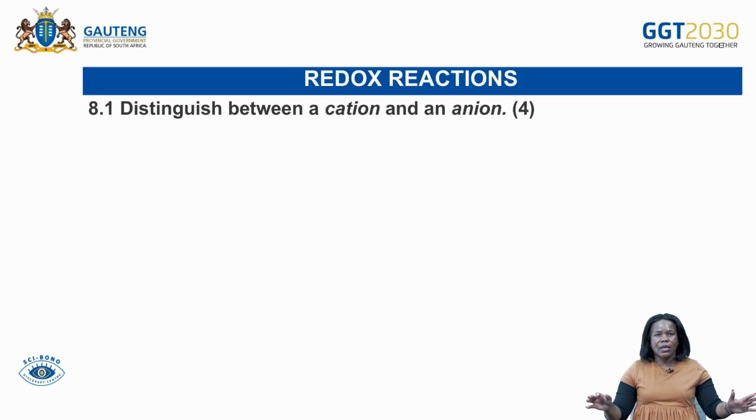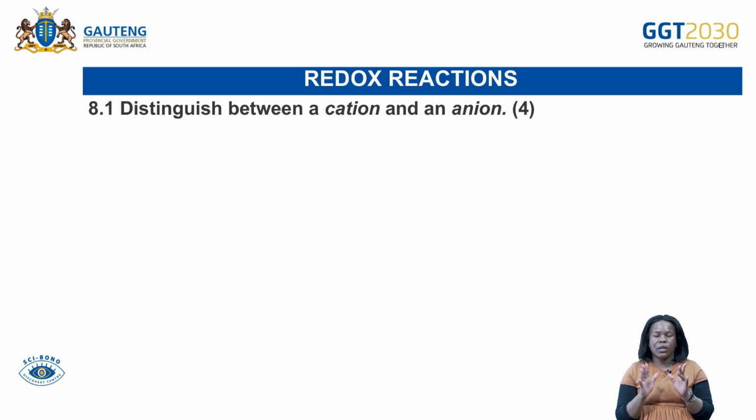As we are in the exam season, please, the term distinguish should be the basis of what you read, because now it tells you what to do. What is it that the question wants? If the question says explain, you explain. You distinguish, you distinguish. So let's familiarize ourselves with such terms so that we do what is requested of us. In this case, we need to show the difference between a cation and an anion.